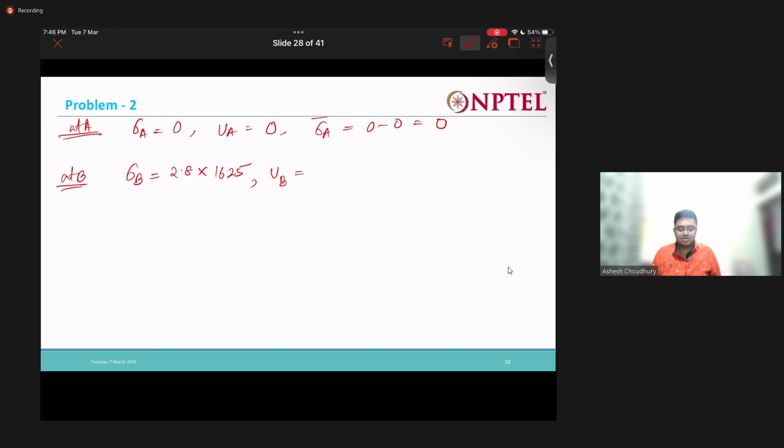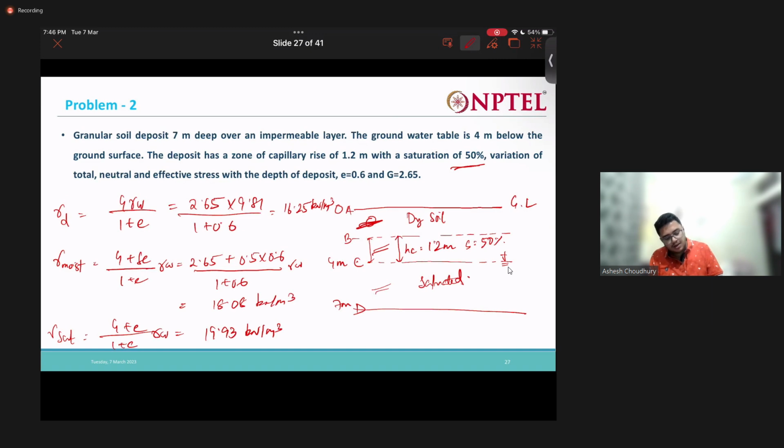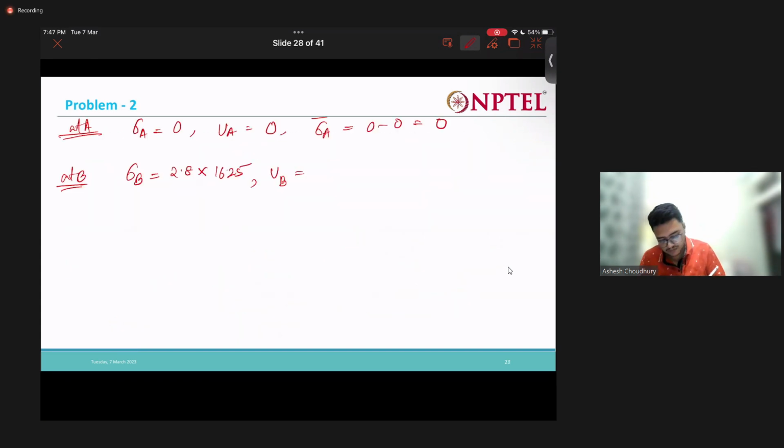So what is the pore water pressure? No, pore water pressure won't be 0 here. Why won't it be 0? Because due to capillarity, there will be a capillary pressure here. This is suction pressure, in the opposite direction, and it contributes positively towards increase in effective stress. So that's why it's negative: minus 1.2 into gamma w, right?